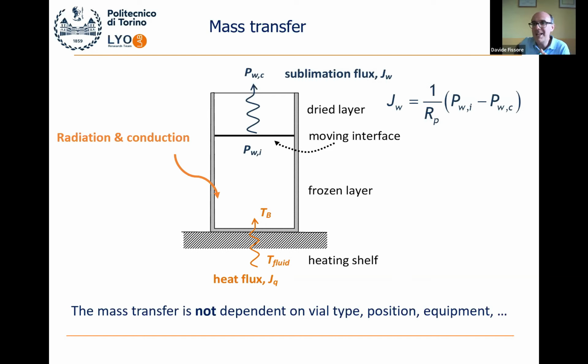But if the same freezing path is used and no collapse or shrinkage occurs, then RP is the same, okay? Obviously, when we look for a freeze-drying cycle, we would like to avoid shrinkage and collapse. So it's quite easy to get the same RP in different freeze dryers.